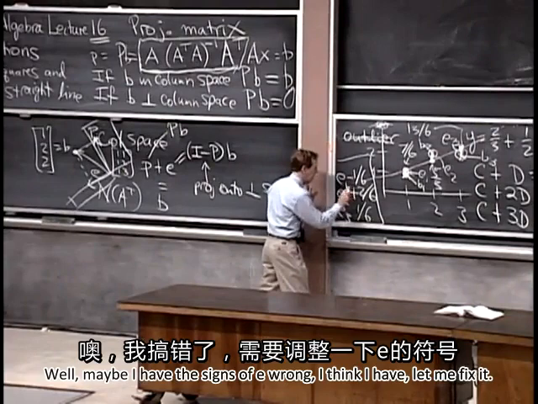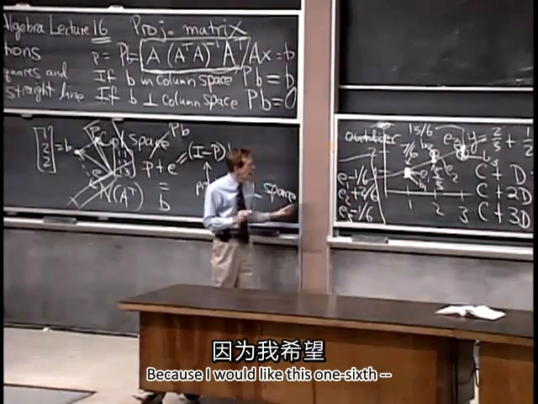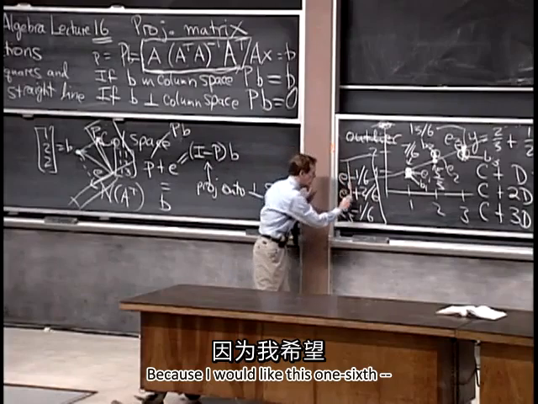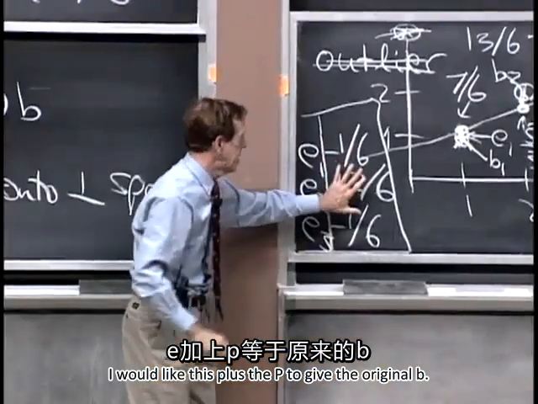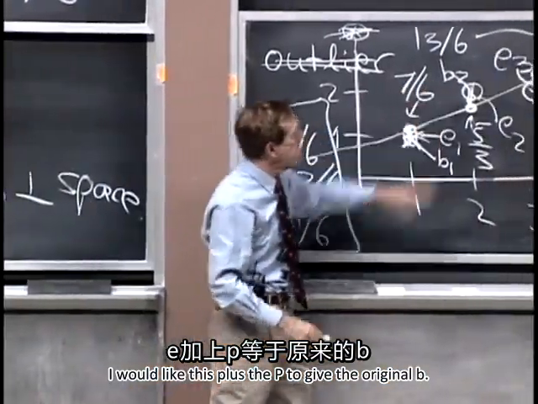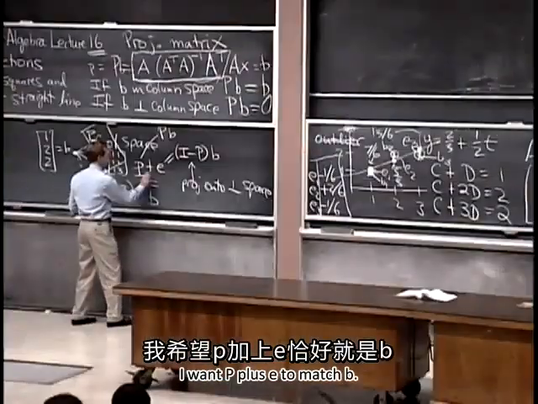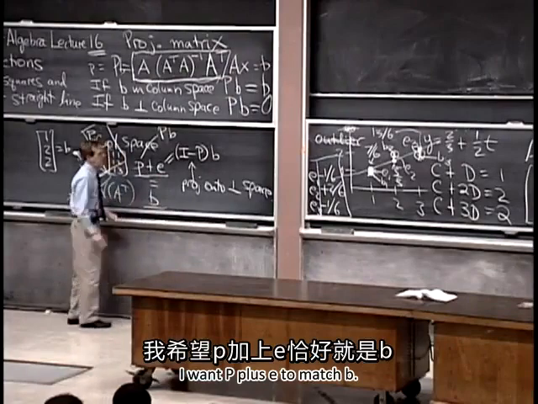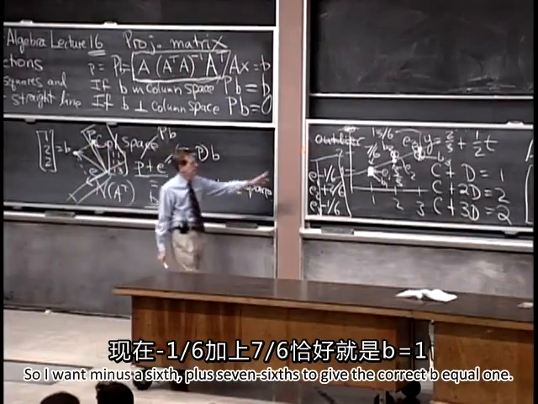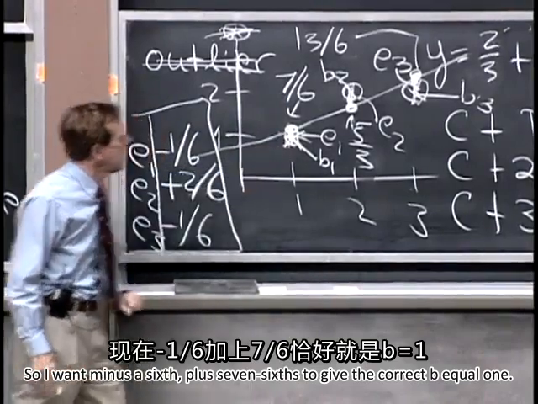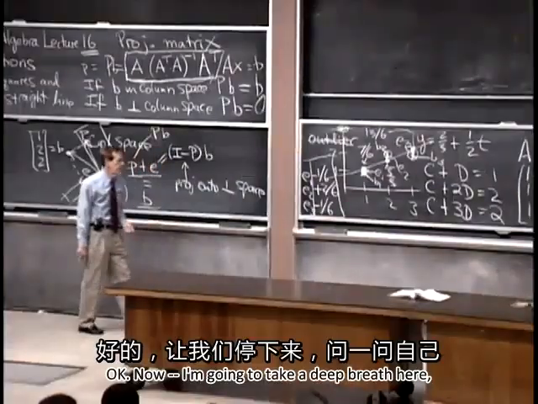Let me fix them, because I would like this plus the P to give the original B. I want P plus E to match B. So I want minus 1/6 plus 7/6 to give the correct B equal 1.